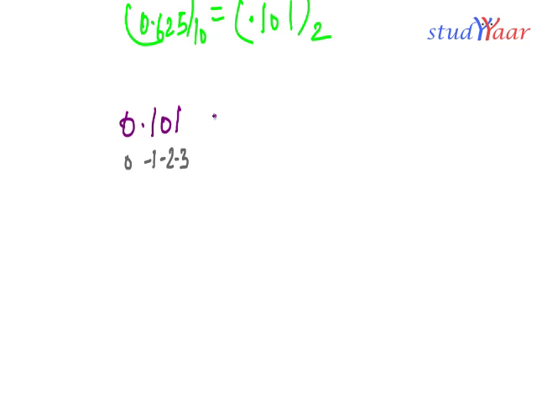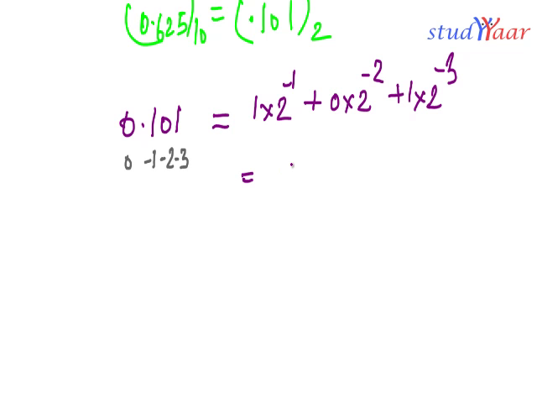So what is the equivalent decimal value? It is 1 into 2 raised to -1 plus 0 into 2 raised to -2 plus 1 into 2 raised to -3, which is equivalent to 1 by 2 plus 0 plus 1 by 8. 1 by 2 is 0.5, 1 by 8 is 0.125.